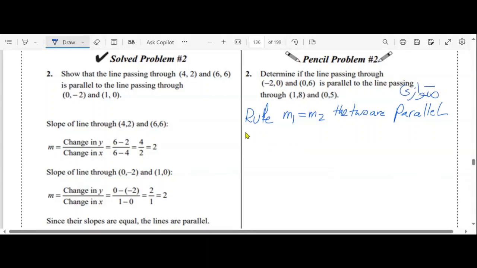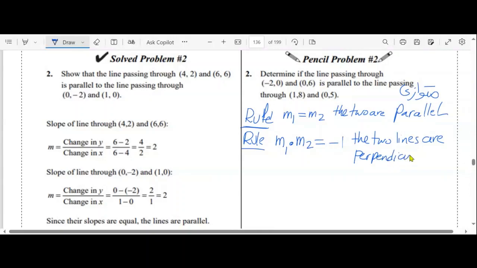Okay. The second rule, this is rule number 1. Rule number 2, if you multiply M1 times M2 and it gives you -1, the two lines are perpendicular. Okay?